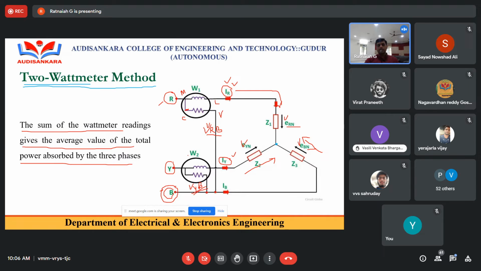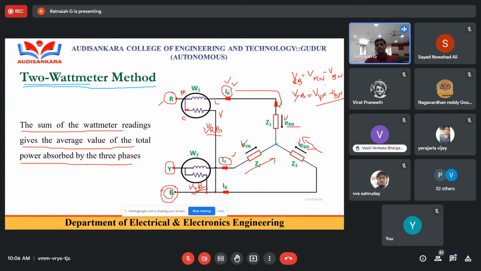Representing these line voltages in terms of phases, VRB is VRN minus VBN, and VYB is the vector difference of two phases, VYN minus VBN.